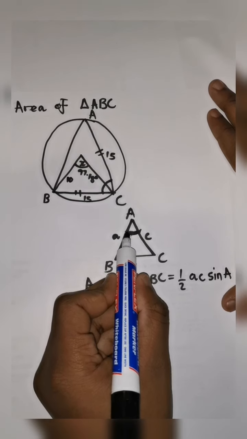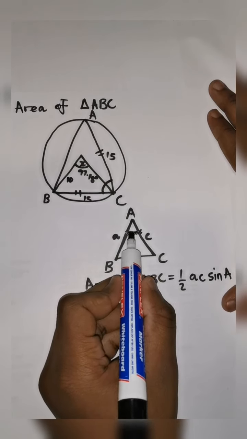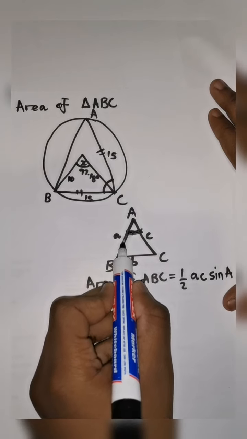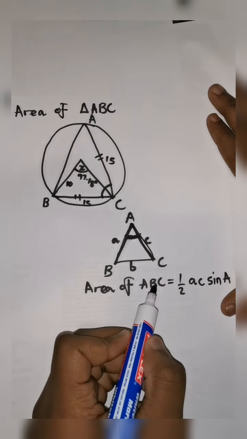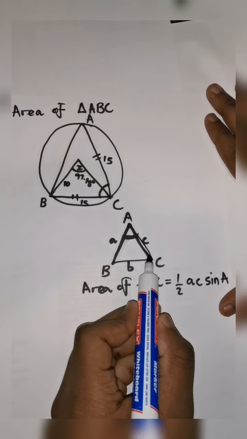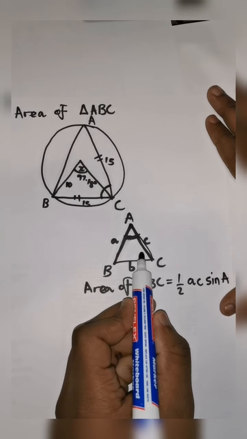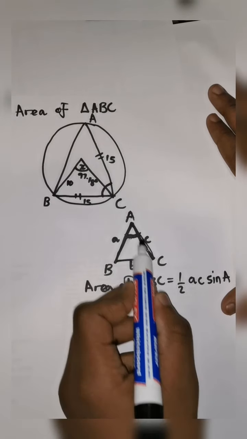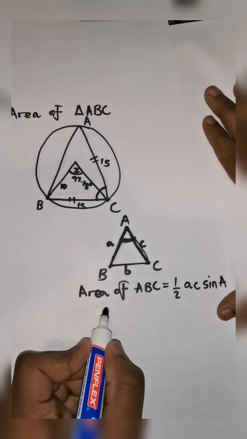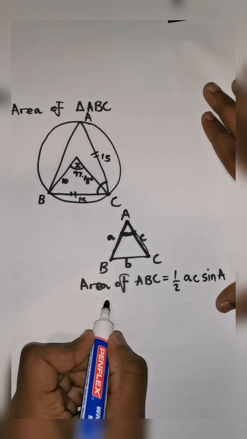We need an angle and also the lengths of the two sides which form that particular angle. If we were focusing on C, we would need the angle at C and the lengths of the two sides which form angle C. I hope that makes sense.